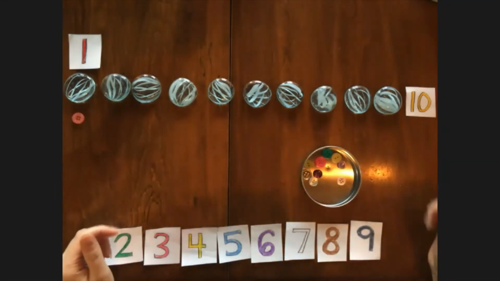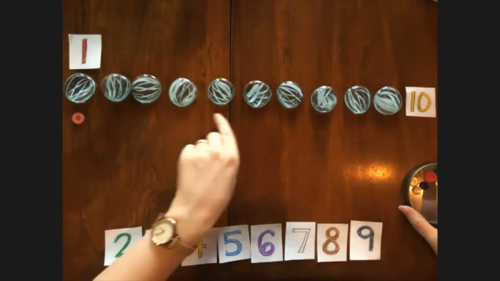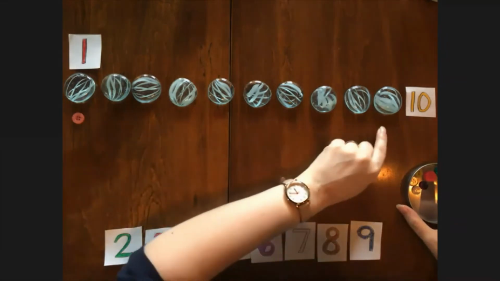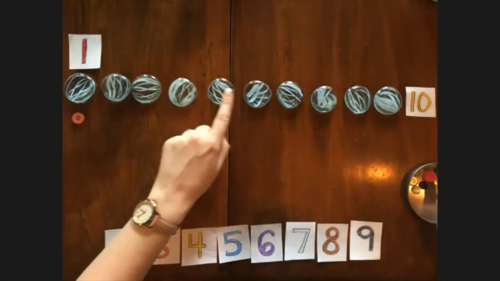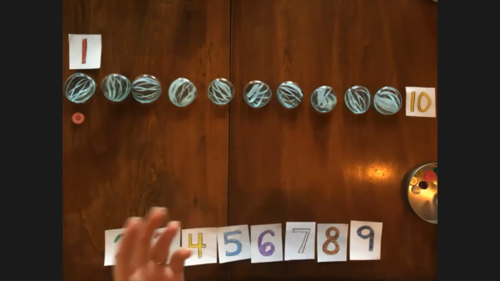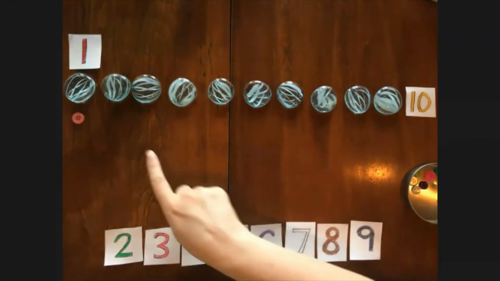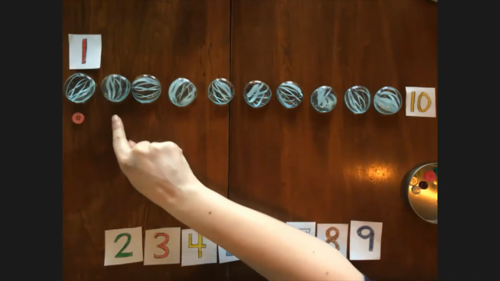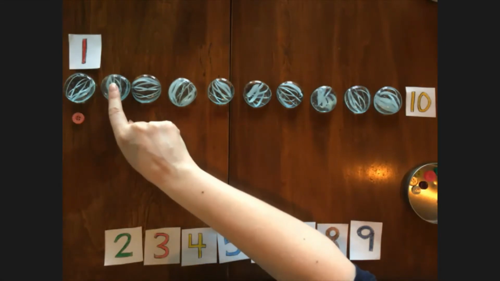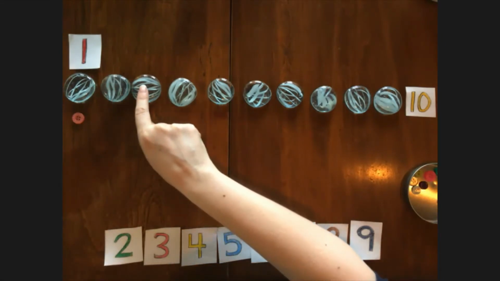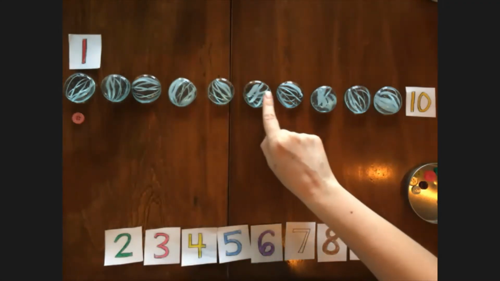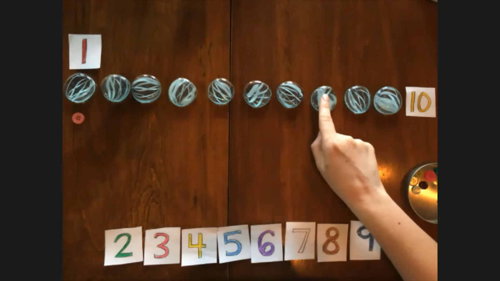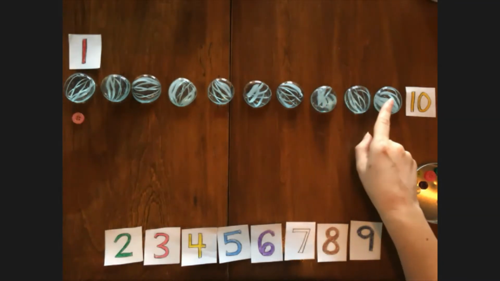Okay, so we have a lot of spaces left here to try to make 10. Let's count how many glass pebbles need a button to make 10. Okay, so I'm going to start with this one that does not have a button yet. We need 1, 2, 3, 4, 5, 6, 7, 8, 9.